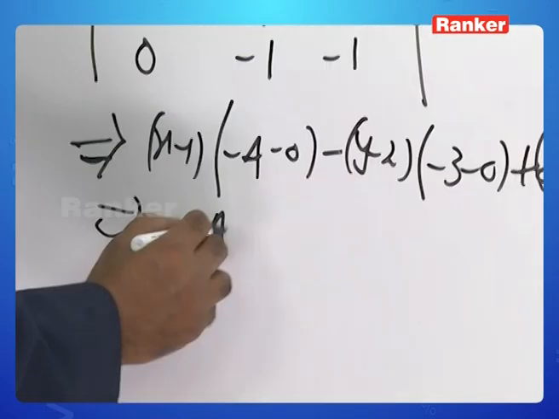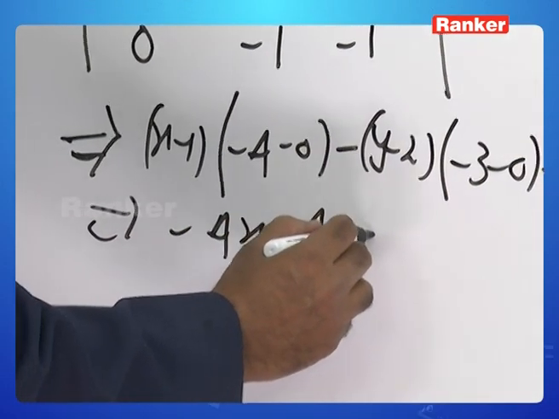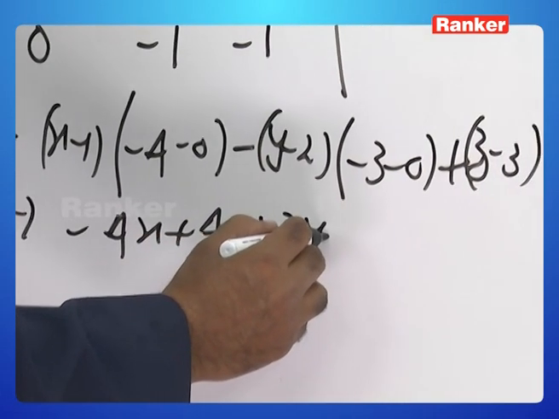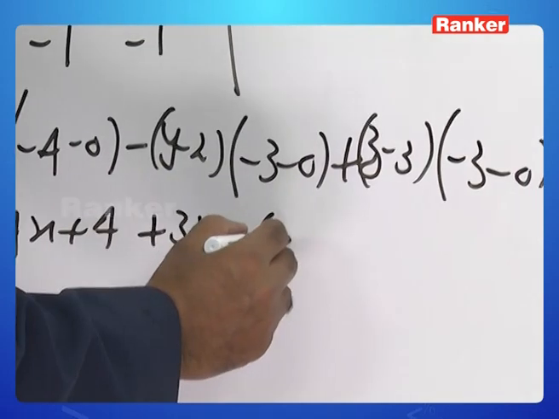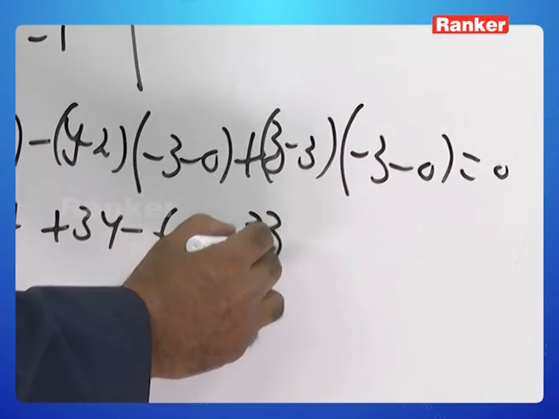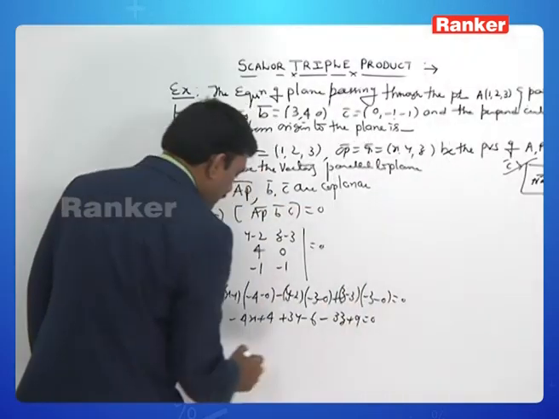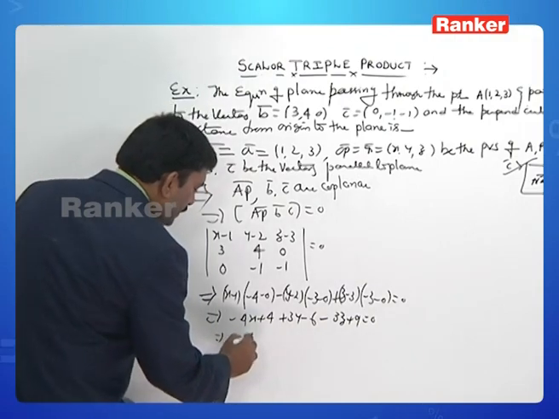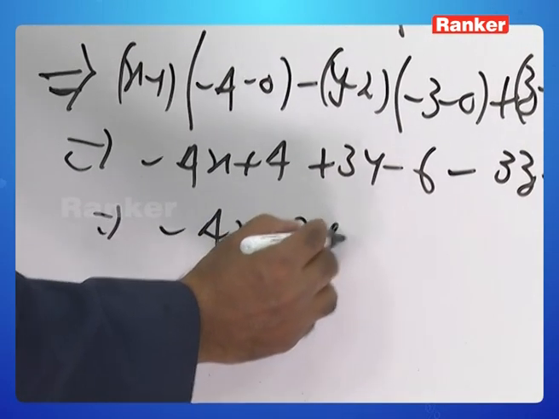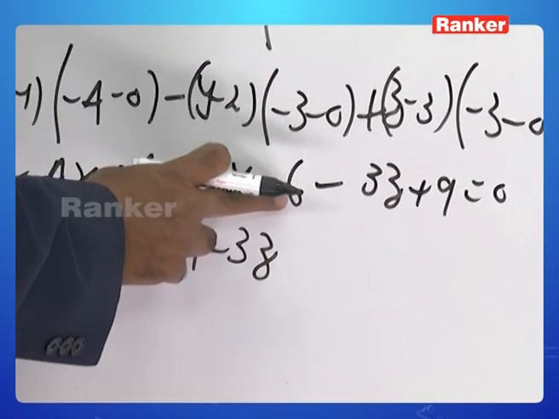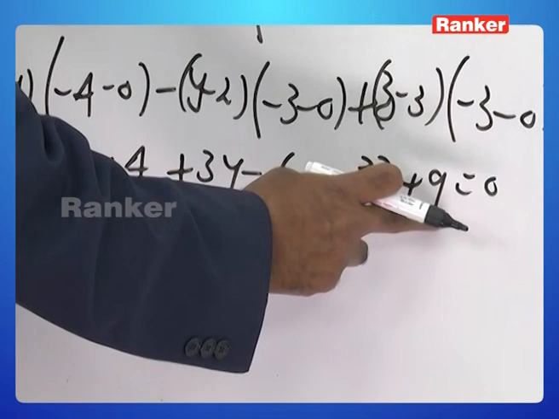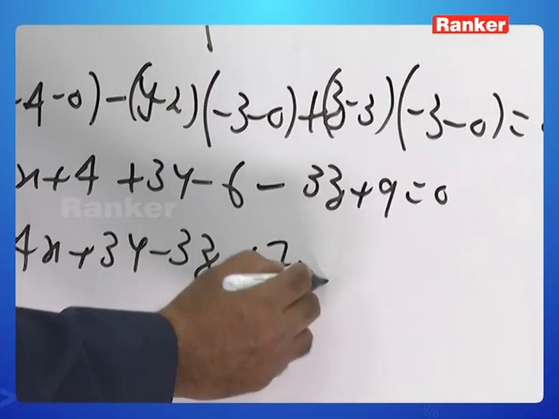Therefore, minus 4x plus 4 plus 3y minus 6, next minus 3z plus 9 is equal to 0. Therefore, minus 4x plus 3y minus 3z, 4 minus 6 plus 9, this is plus 7 is equal to 0.